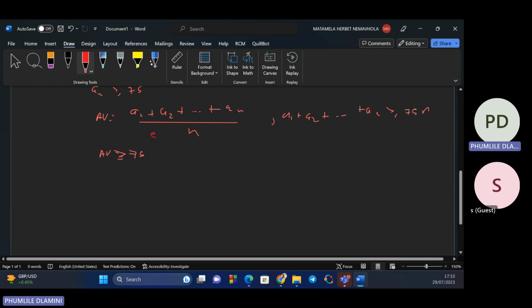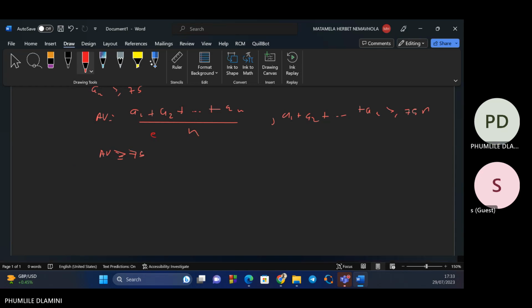So when our AV is greater than 75, it will contradict our assumption. It's going to contradict our assumption that the average of the test score is smaller than 75.